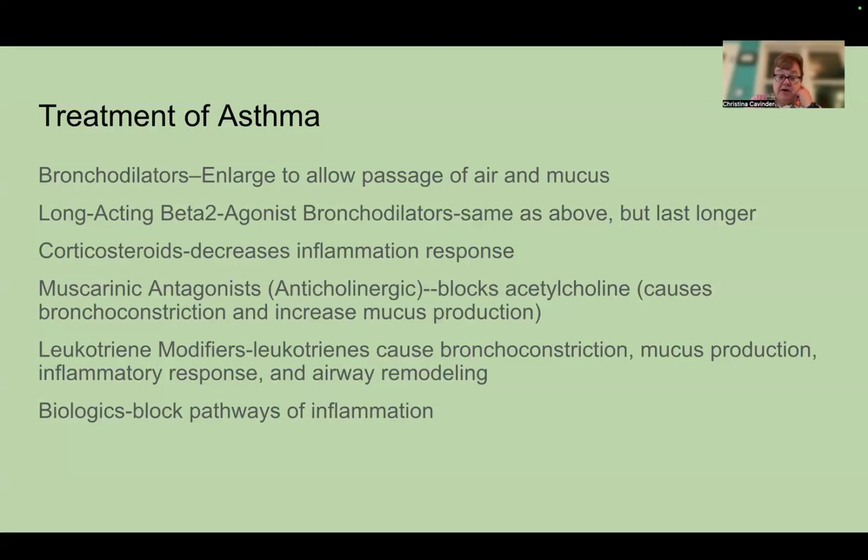So the leukotriene modifiers stop those leukotrienes from causing all those problems. And then there are biologics, which depend on the cause of the inflammation in the lungs. There are several different ones out there. Whatever pathway they believe is causing the inflammation, the biologics will block those pathways.